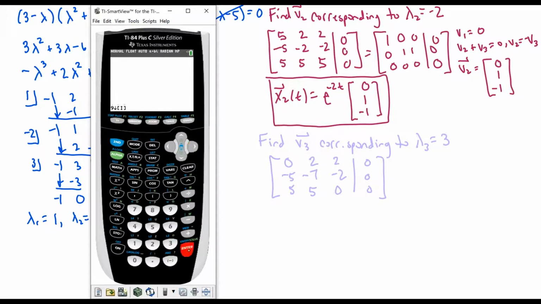Again, all I have to change are the diagonal values. And with the shortcut on my home screen, I'm just typing second entry to recall the command reduced row echelon form of A. And this is our result.